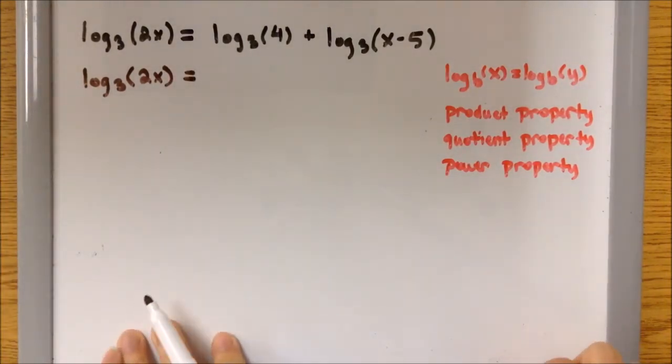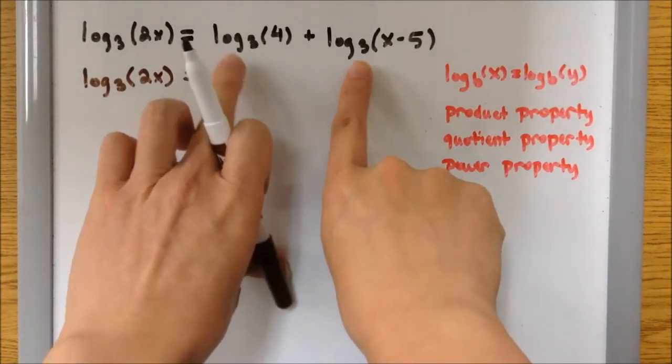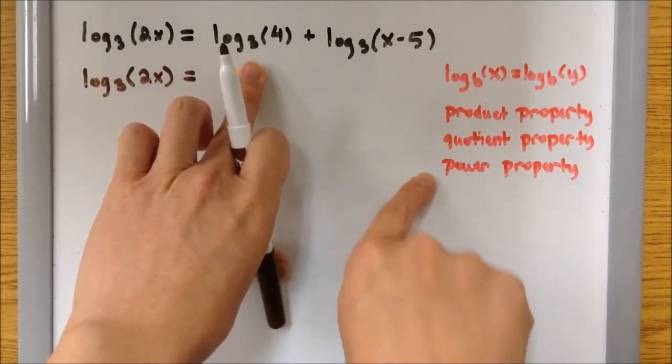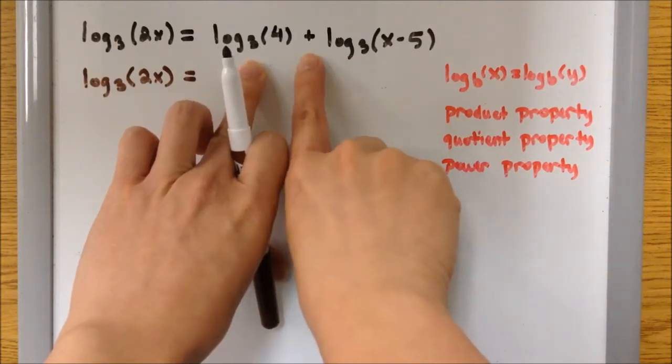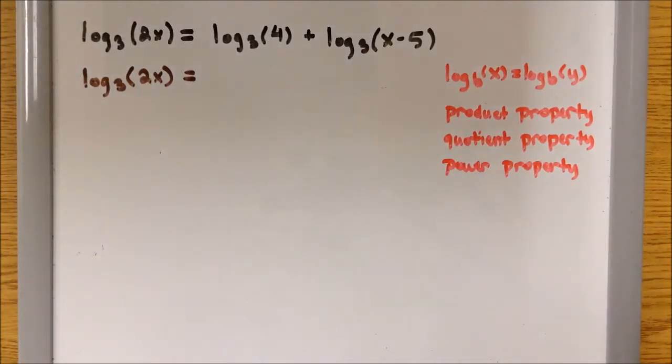Now, let's take a closer look at these two. They both have the same base, so we can apply one of these three properties. And they have a plus. So there is a plus between these two logs. So the only property that has a plus sign is the product property.